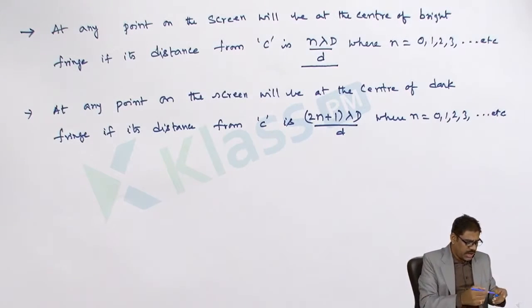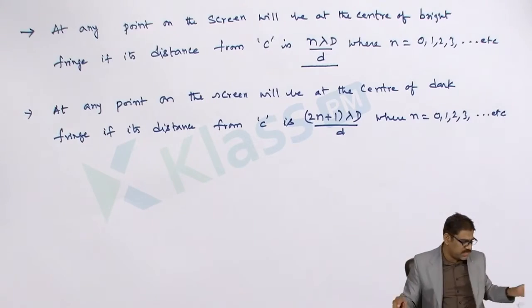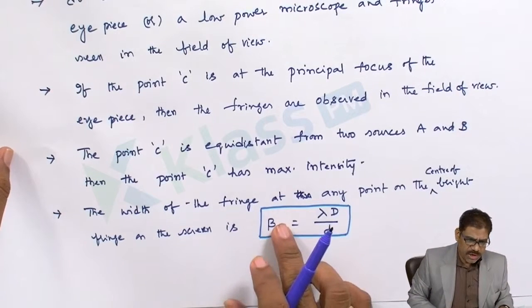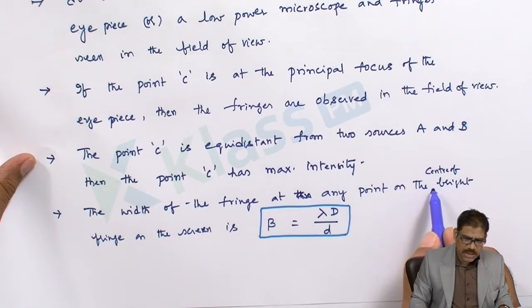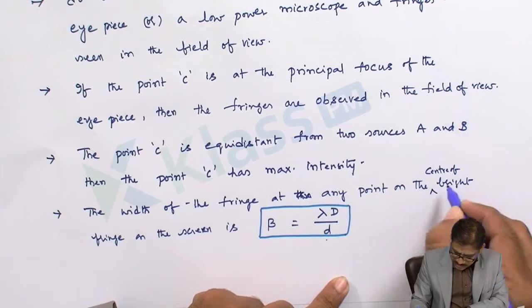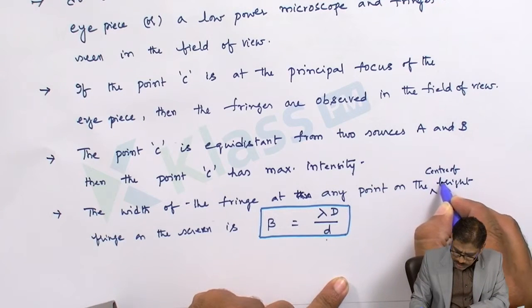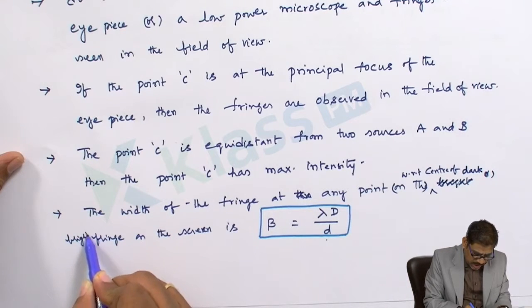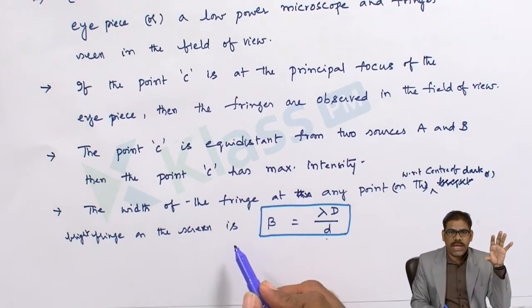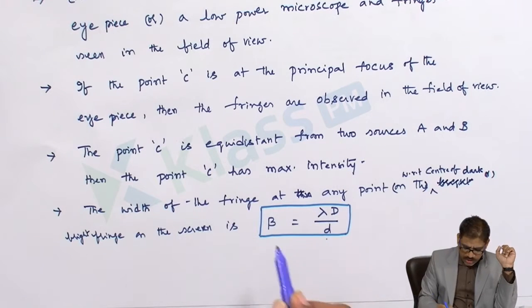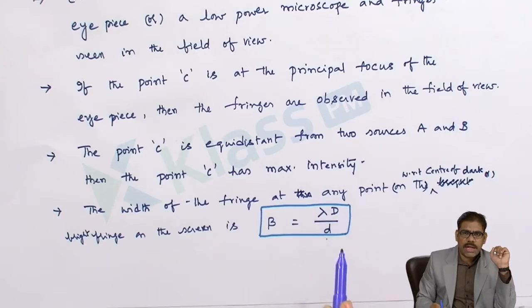So what we mean by these sentences is that first, the width of the fringe at the center of a dark or bright fringe on the screen is beta equal to lambda D by d. If you want to identify any point of a fringe on the screen, we calculate it as beta is equal to lambda D by d.